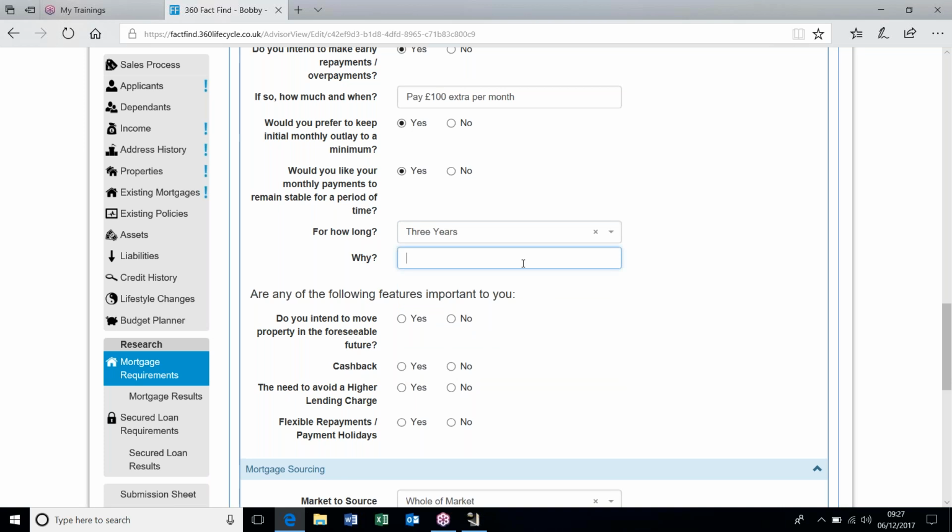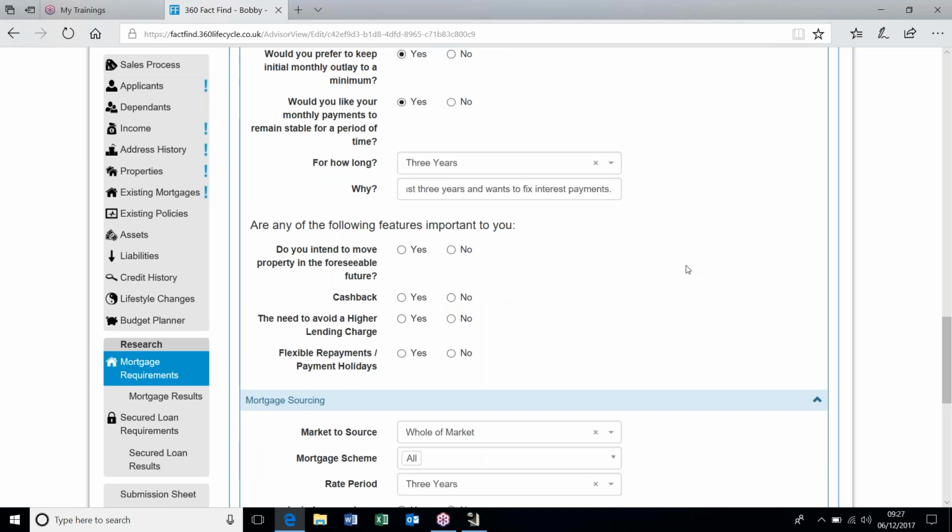Say that's why we go, intends to stay for at least 3 years. Okay, so just a little brief reason why you chose 3, so make sure you explain it.